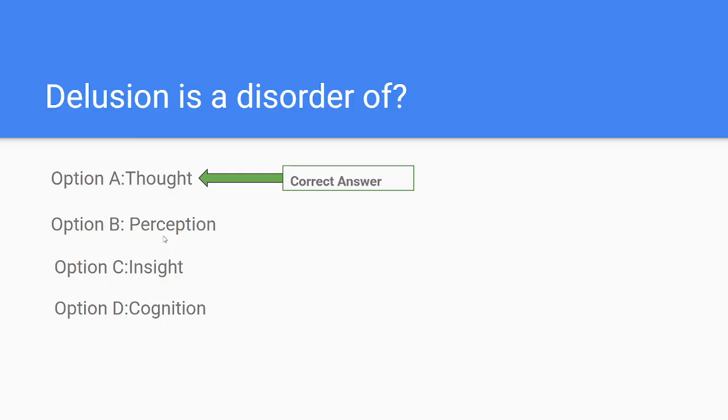Then perception. Perception means what? For example, if we are passing on a road, we will be able to identify something. If some accident happened, we can't just go through like that, right?